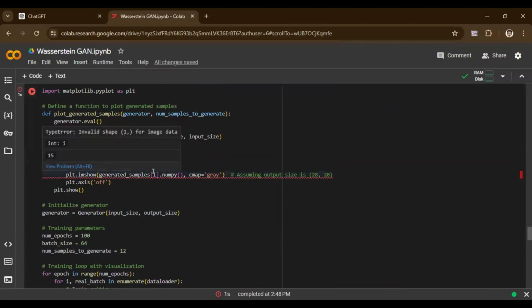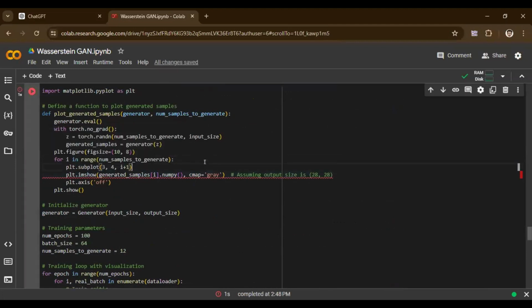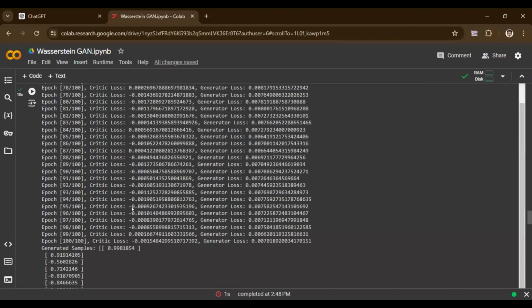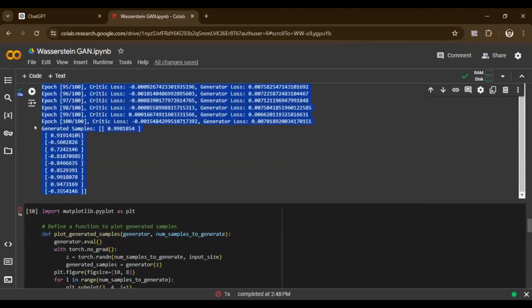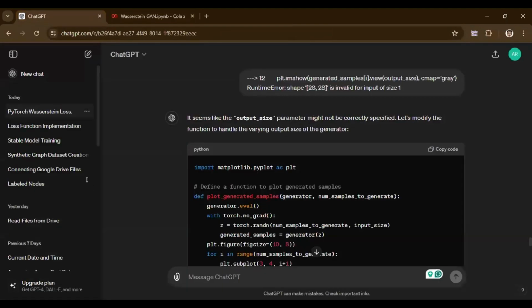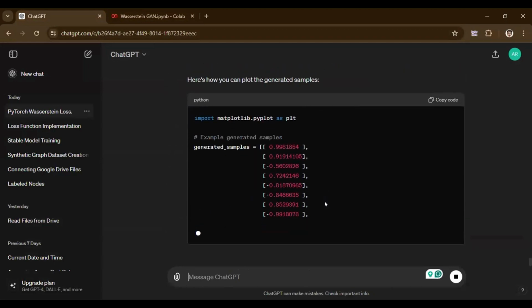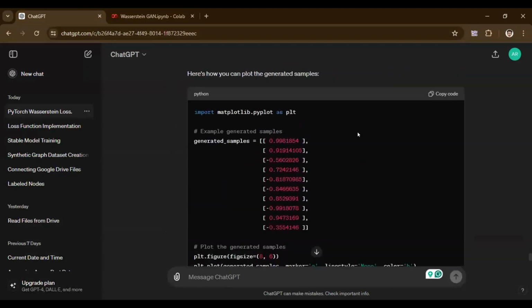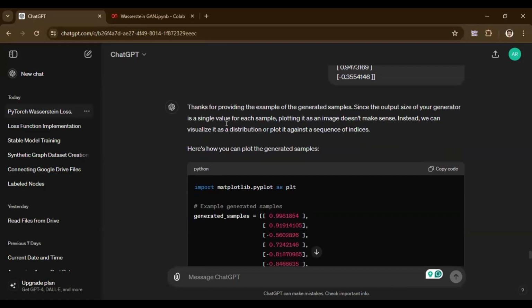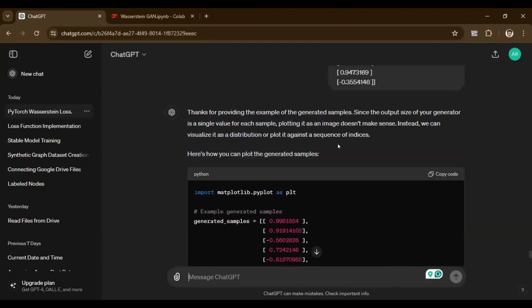Oh, it must have a shape for this. For the generator, we will give ChatGPT some context. This is an example of the generated samples. Okay, generated samples. Oh, it will only plot the generated samples.